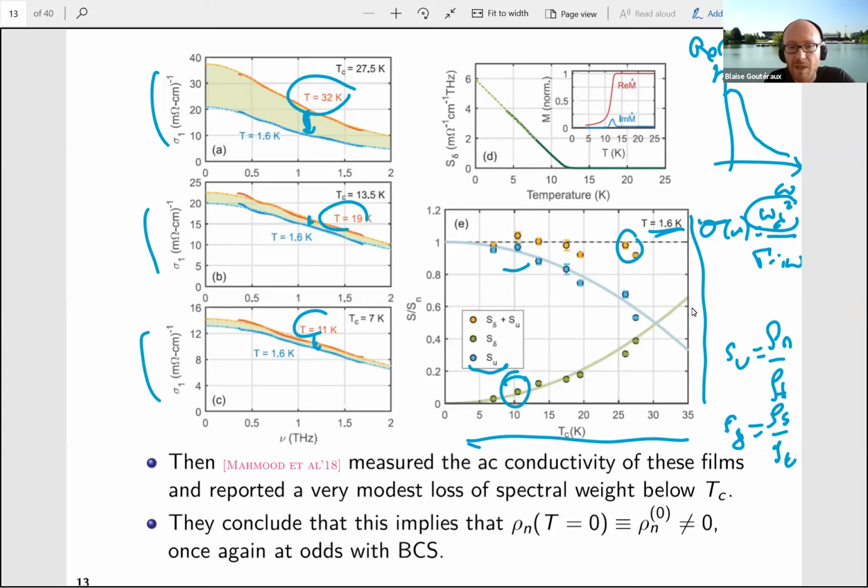And that's, like I was saying, completely at odds with BCS, because BCS would tell you that the normal density is supposed to be exponentially suppressed. So you would normally expect these two curves to be reversed: a very small normal fraction and a very high superfluid fraction, very close to unity. So from this, they concluded that there's something wrong with the BCS picture.